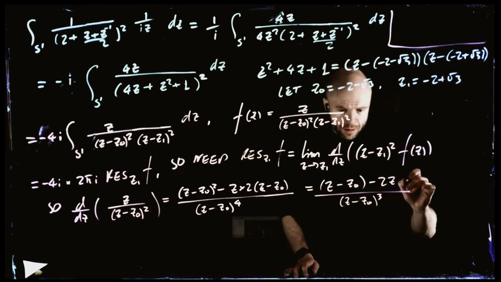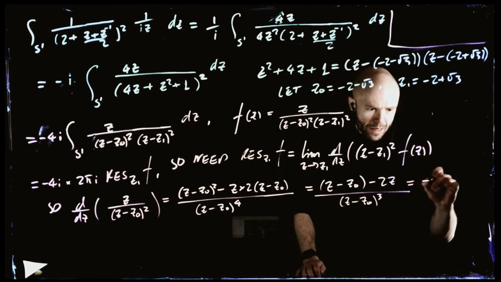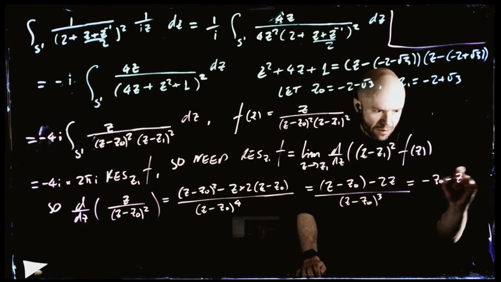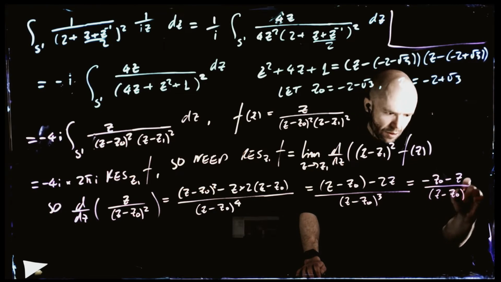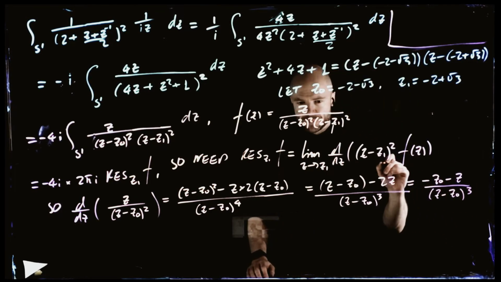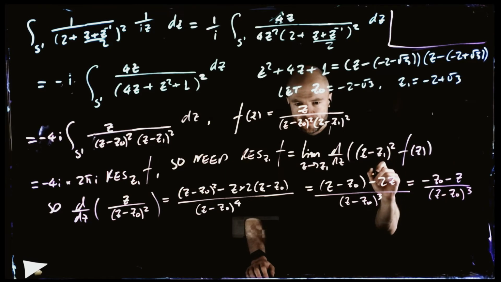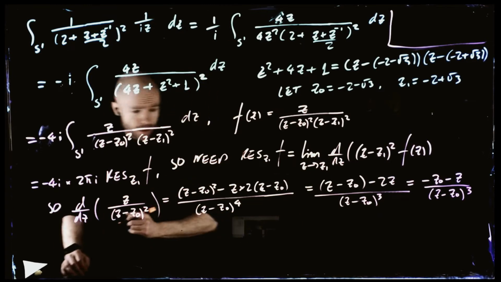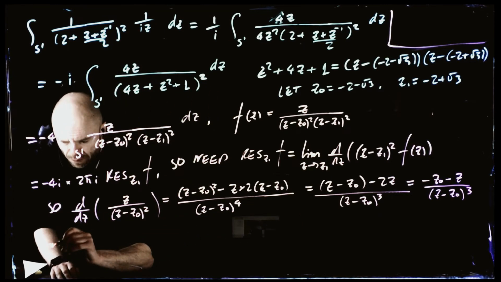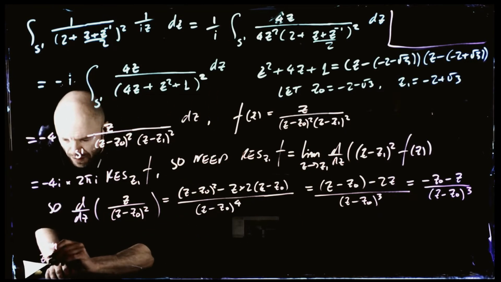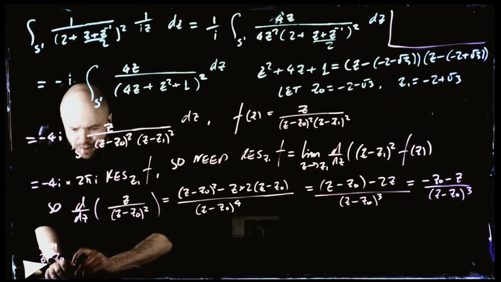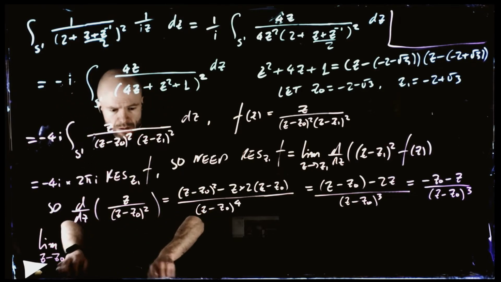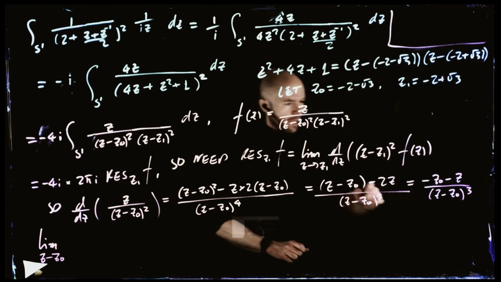That has a nice form of minus z0 minus z over z minus z0 to the 3. Cool. And then we want the limit of this thing, as z goes to z1 of this expression here in the red box.